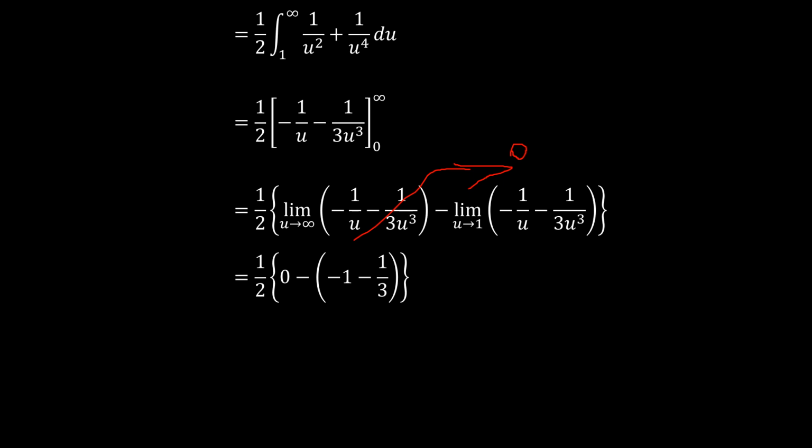As u tends to 1, 1 over u tends to 1, and 1 over 3u cubed tends to a third. So we have 0 minus, negative 1 minus a third, and that becomes a half times 1 plus a third, because this minus interacts with the negatives in the brackets. We have 1 plus a third, so a half times 4 over 3, which becomes 2 over 3.